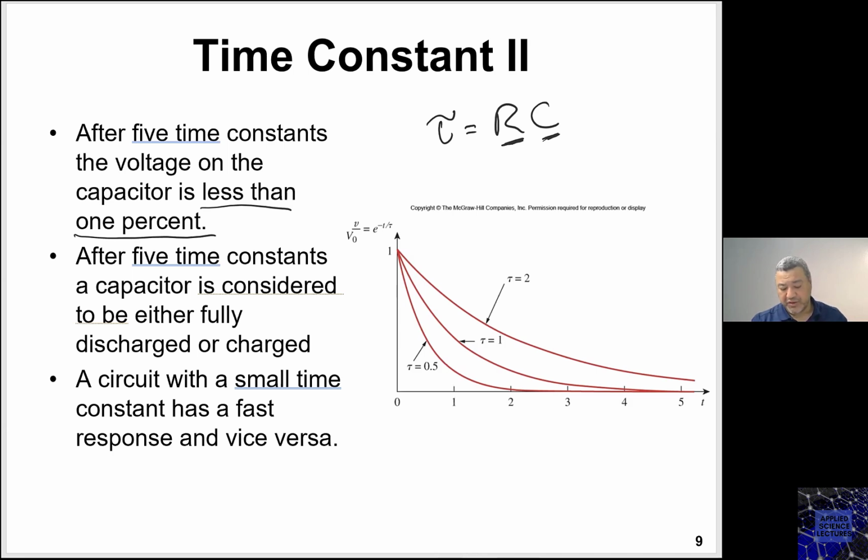So if you look at those three signals, all of them start from the same initial voltage, 1. However, tau here is 0.5, tau here is 1 second, tau here is 2 seconds. Notice that the 5 tau for this one is 2.5, which is here. This is 5 tau for this function.